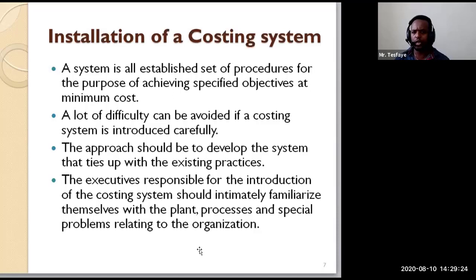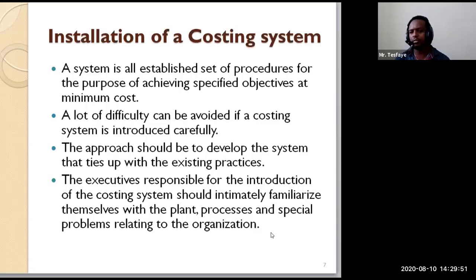So a lot of difficulty can be avoided if costing system is introduced carefully, and the approach should be to develop the system that ties up with the existing practices. The executives responsible for the introduction of cost accounting system should immediately familiarize themselves with the plant process and special problems relating to the organization.